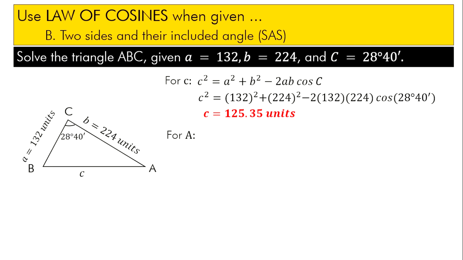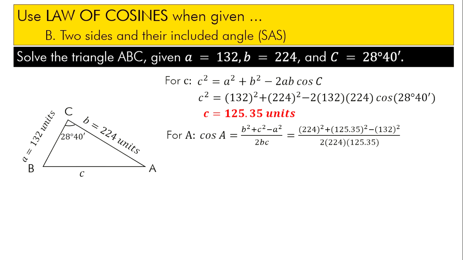For angle A, same procedure as the earlier example. Cosine A is equal to B squared plus C squared minus A squared all over 2BC. Just substitute the three sides that we obtained: 224 squared plus 125.35 squared minus 132 squared all over 2 times 224 times 125.35.